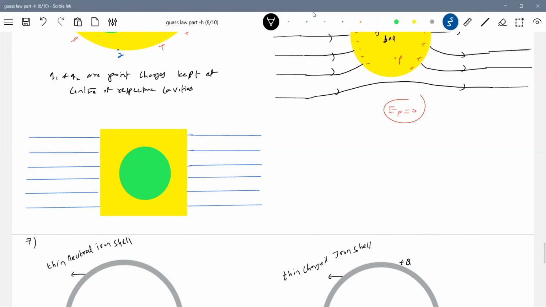What about the direction? So there's a uniform electric field. Okay, this is the cavity. This is an iron block. So here a negative charge will be induced. Positive charge will be induced here.